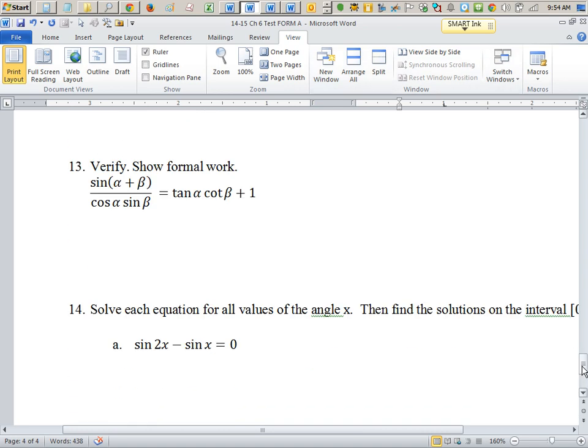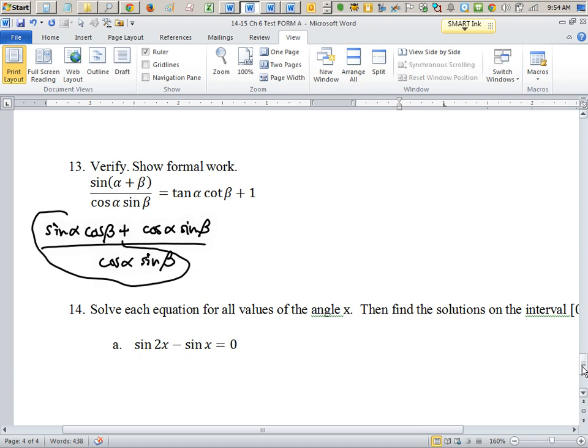This is a really easy one, actually. Just expand the top into sine alpha cos beta plus cos alpha sine beta. And since this is over cos alpha sine beta, you can just kind of circle this part and this part separately.